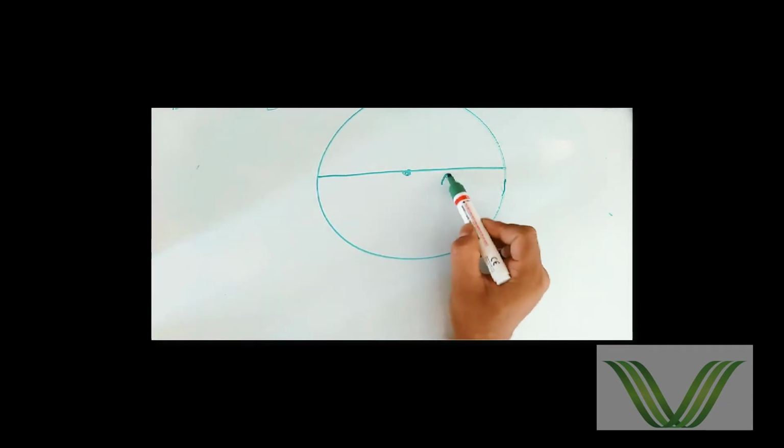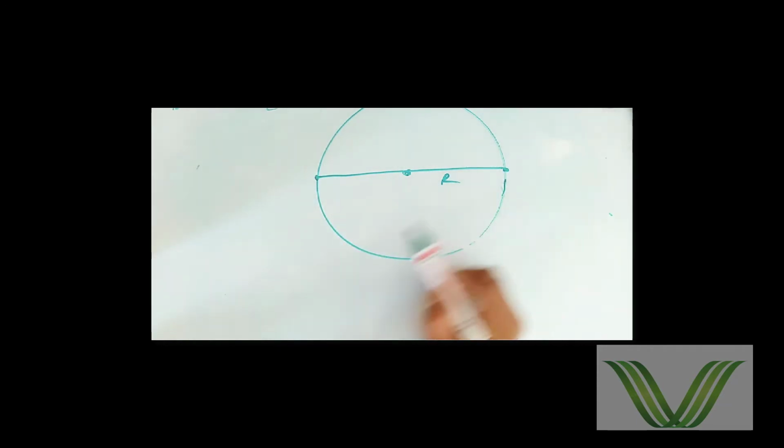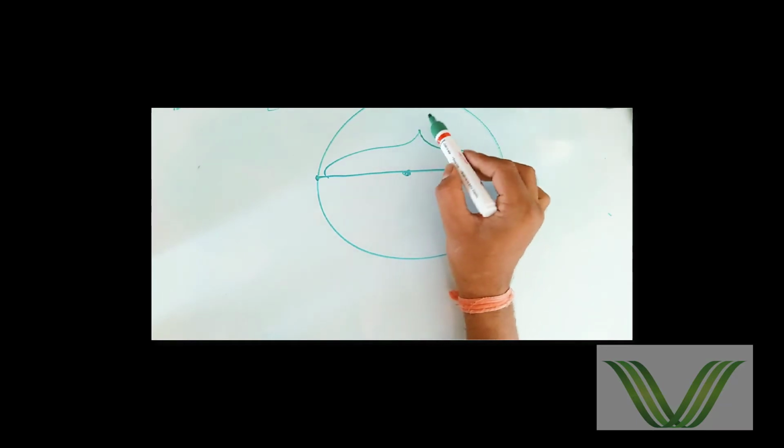If this is the radius and this part from here to here, the line segment, will be called the diameter, right?